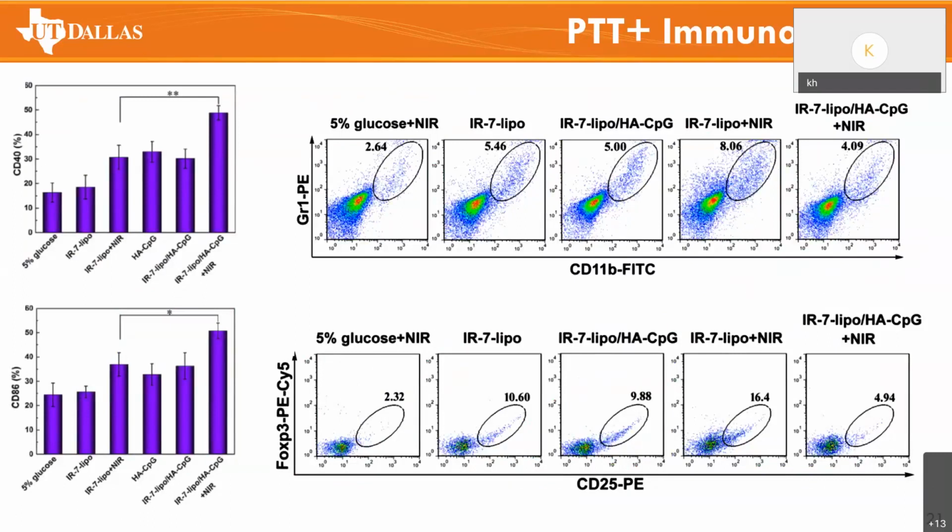This is the way they did it: bone marrow dendritic cells were isolated from mice and then incubated with this combinational system, IR7 liposome with CpG, for 24 hours. The expression of co-stimulatory molecules like CD40 and CD86 was significantly increased on bone marrow dendritic cells treated with this system after laser exposure compared to other treatments.